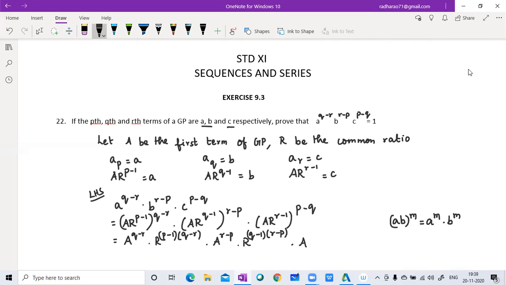Similarly, this can be written as A^(p-q) × R^((r-1)(p-q)). Right?